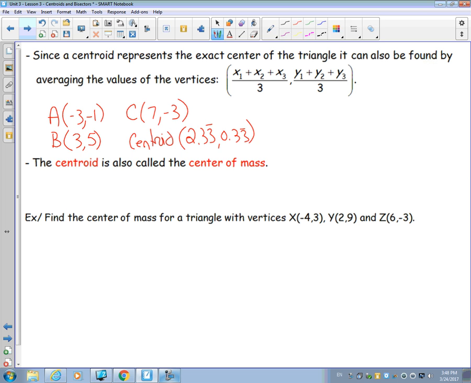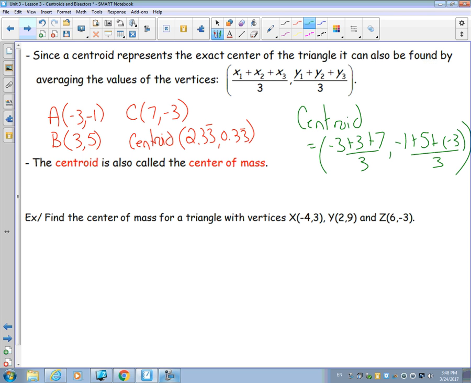Well, let's see what happens when we use this formula. Call this centroid. If we add up the x's, -3 plus 3 plus 7 divided by 3, add up the y's, -1 plus 5 plus -3 divided by 3, what do we get?